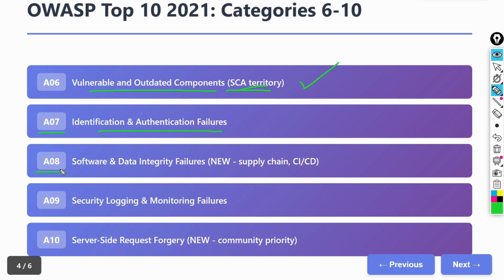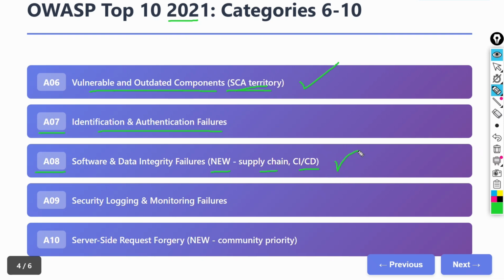And moving to the next category, which is A08. Here software and data integrity failures come into the picture. This is one of the new categories which was introduced in the 2021 project. It primarily focuses on supply chain and CI/CD pipeline issues, where attackers tamper with software updates or build processes.